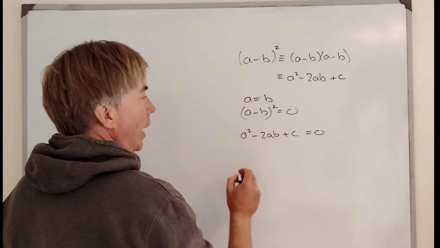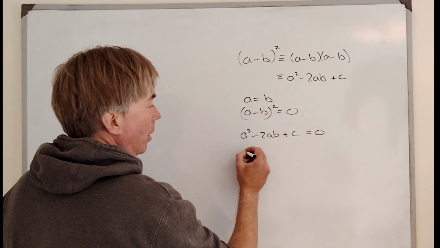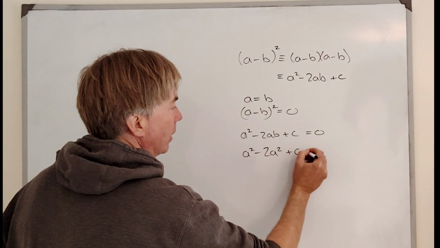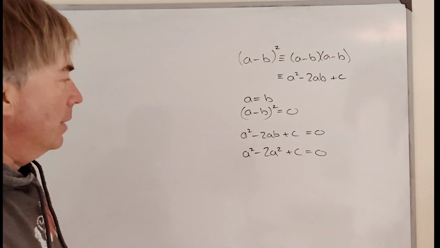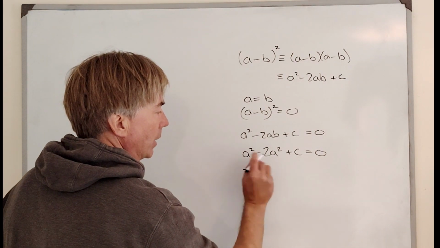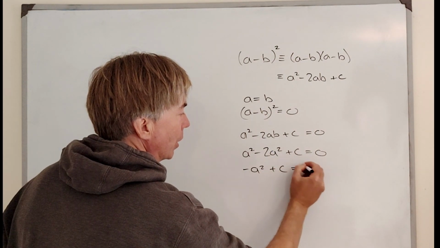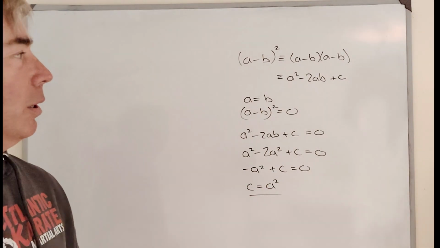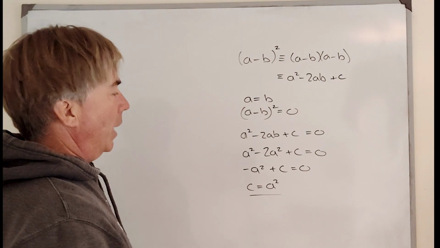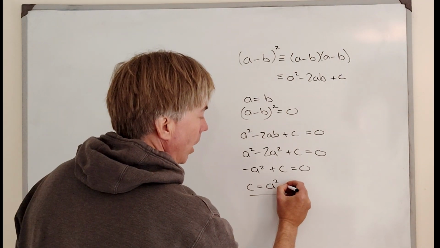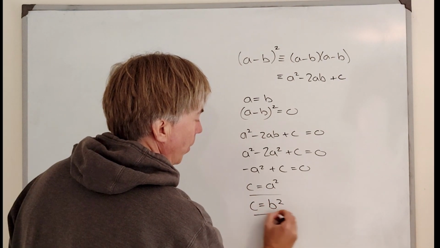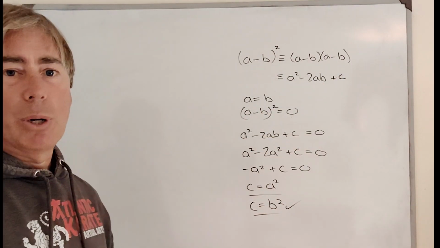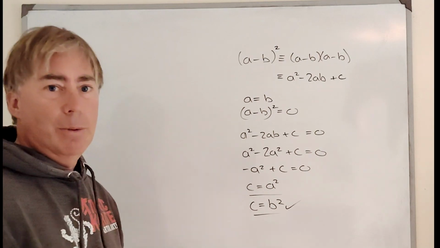And I know that b and a are equal to one another, so I can rewrite minus 2ab as minus 2a squared, and collecting these two terms I end up with negative a squared plus c equals 0, so c must itself be equal to positive a squared. And I know a and b are equal, so I can also say that c is equal to b squared. So that says that our unknown quantity c, which is the product of negative b and negative b, is itself positive b squared.